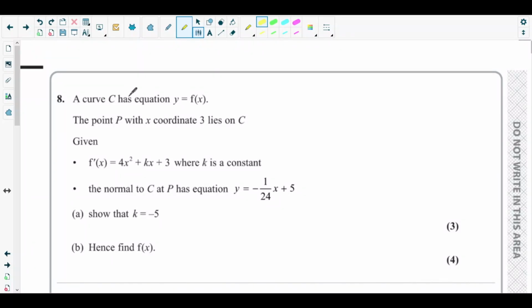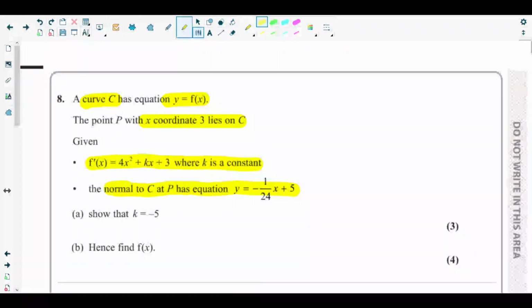A curve C has equation y equals f of x. The point P with x coordinate 3 lies on the curve C. Given f dash x equals 4x squared plus kx plus 3, where k is a constant. So this is the gradient function for the curve C. It's given that the normal to C at P has equation y equals negative 1 over 24 x plus 5.